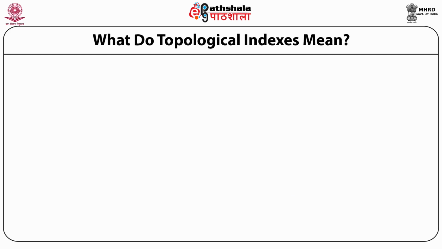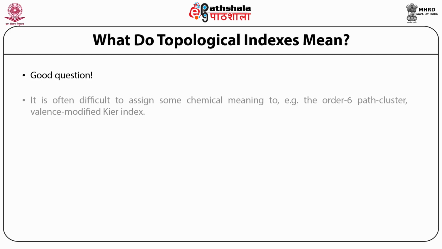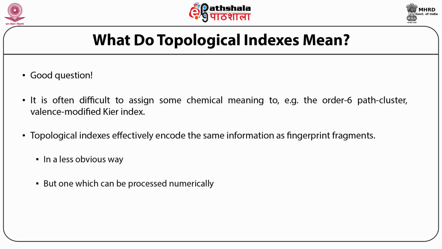What do the topological indices mean? That is a very good question. Is it really relevant for any meaning? Yes. Most often the order of 6 path cluster or valence modified Kier index, they have very strong chemical meaning. Many of the topological indices effectively encode the same information as a fingerprint of fragments, but they do not have very direct meaning or direct understanding with the chemistry or chemical information.